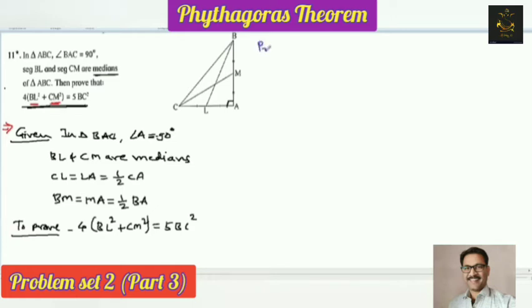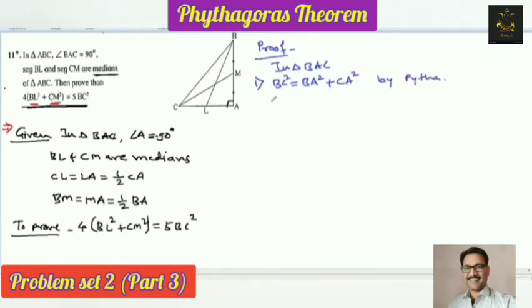In triangle BAC, by Pythagoras, what can you write now? BC square is equal to BA square plus CA square. This is by Pythagoras.